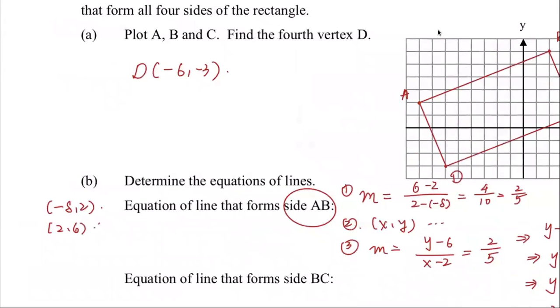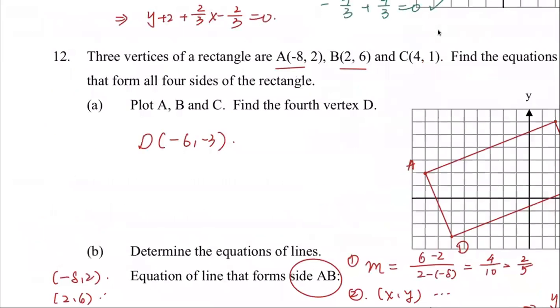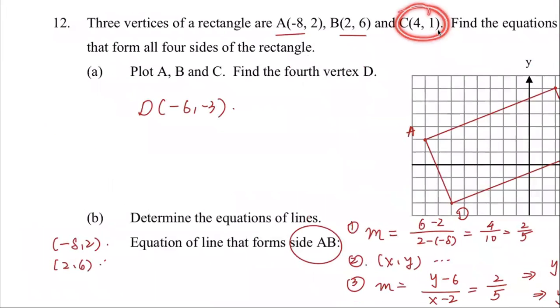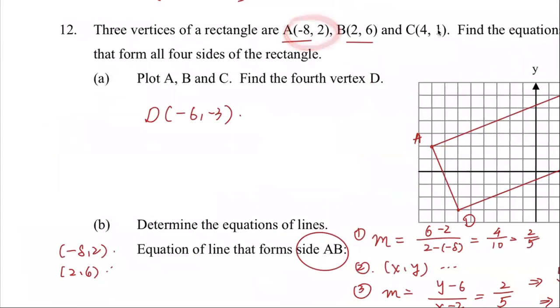So for CD over here, you just use the point C and point D. And for AD, you just use the point A and point D, right? I really don't feel like repeating these steps over and over again, okay?